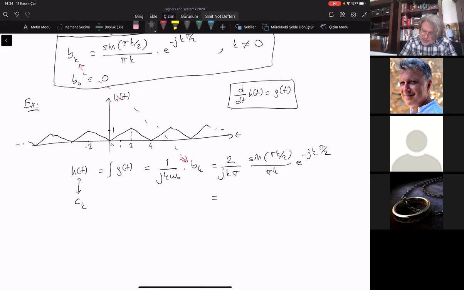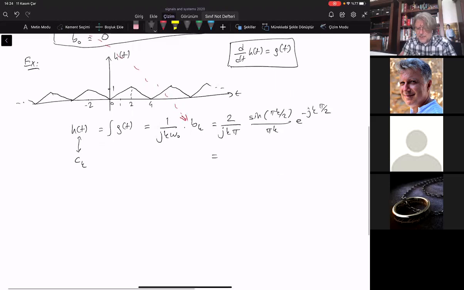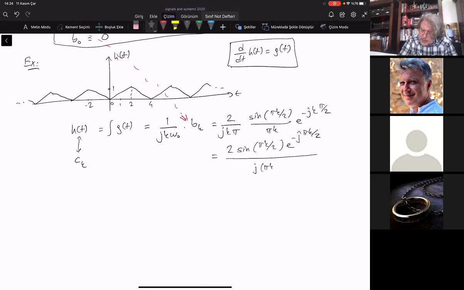But this may be a little further simplified, because I can see a few things here. It is 2 sine pi k over 2 e to the minus j pi k over 2, divided by j pi k all squared, or pi squared k squared.